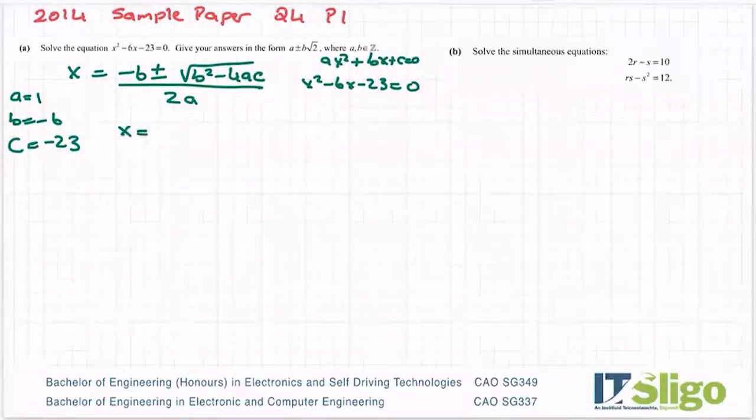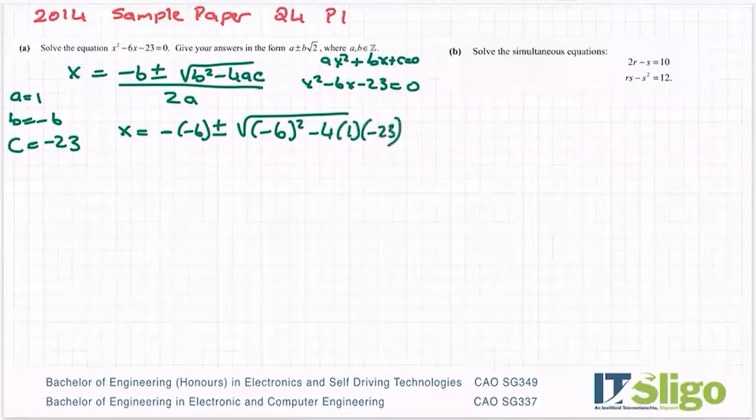It is just what we call the coefficients, which are the numbers in front of the x squareds and so on. So minus b, so I have minus 6 plus or minus the square root of minus 6 squared minus 4 by a by c all over 2a, which is 2 times 1.